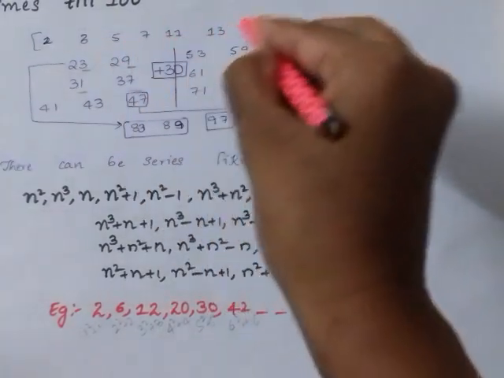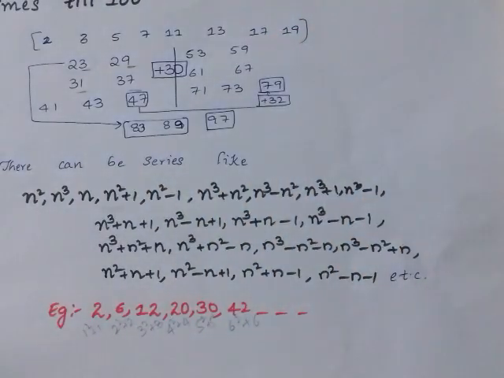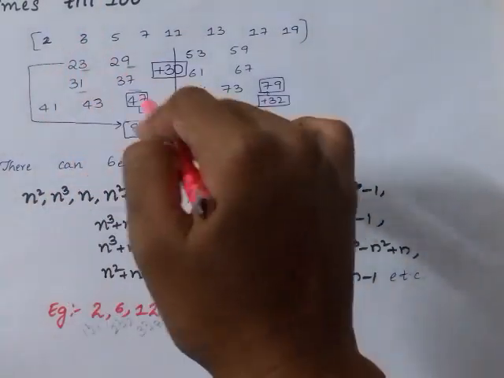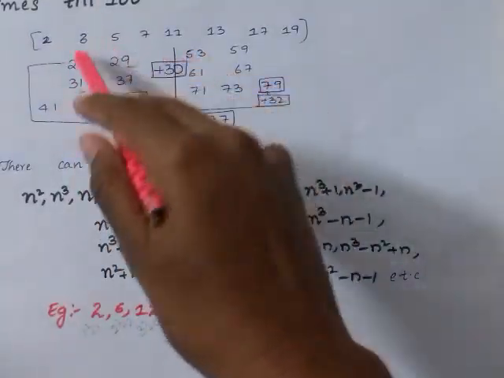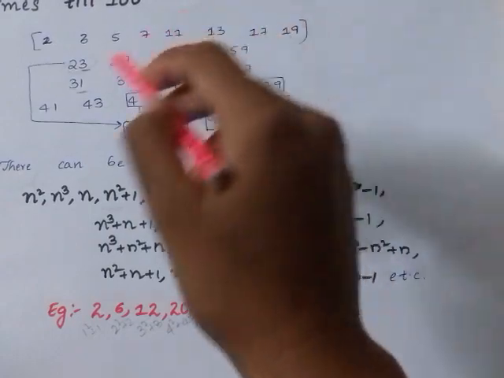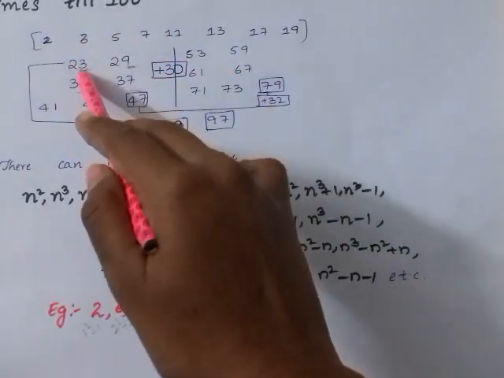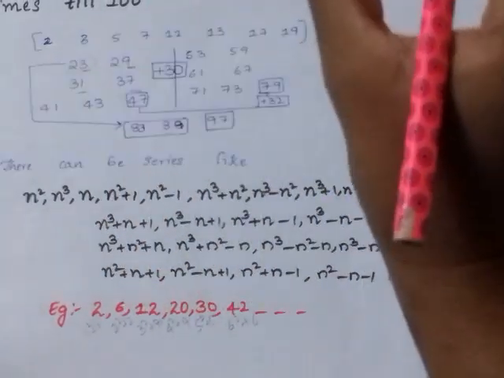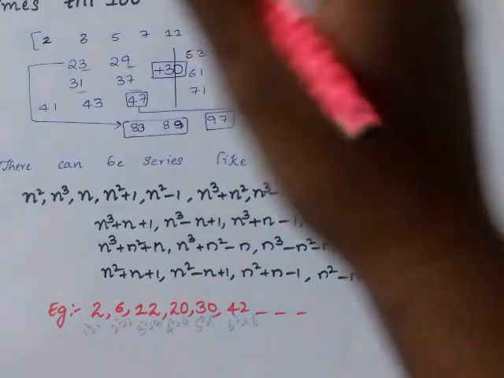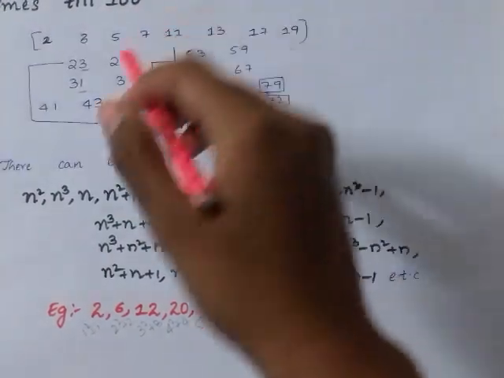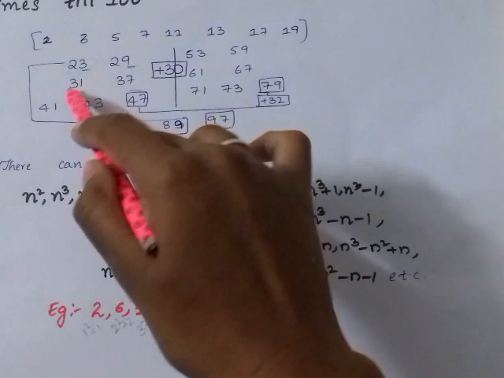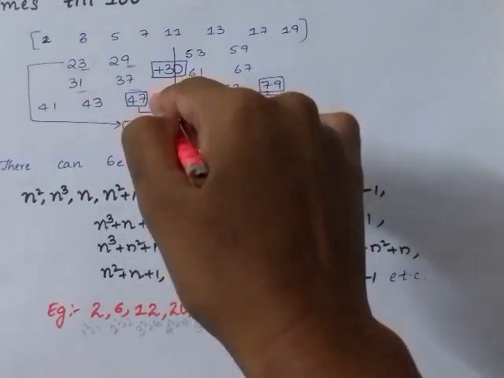They are 2, 3, 5, 7, 11, 13, 17 and 19. The next 7 numbers can be remembered with the units digits. In 20 to 30 we get the units digits 3 and 9. From 30 to 40 we get 1 and 7.